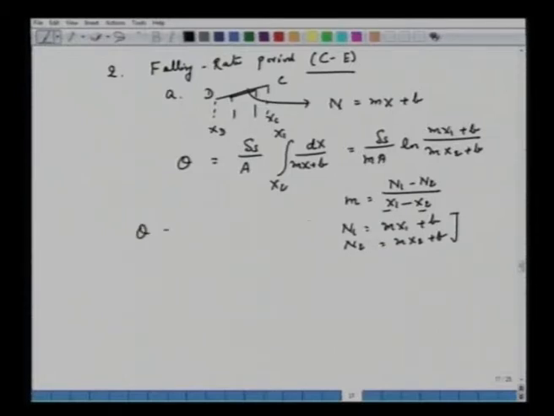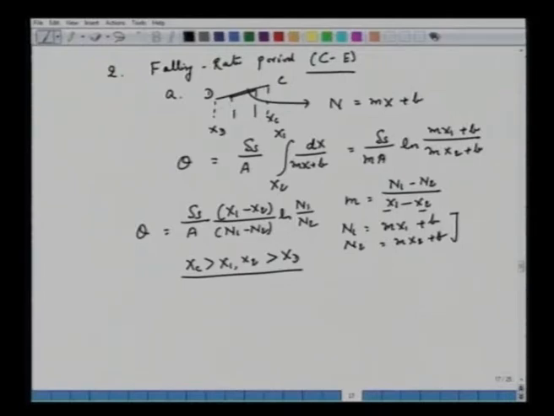If you substitute this m here, you obtain this expression: SS over A, (X1 minus X2) over (N1 minus N2), ln of N1 over N2. So now we are talking of X1 and X2 which are greater than XT but less than XC. So we are in this region. Let's say this is X1, this is X2, this is the rate N2, this is the rate N1.